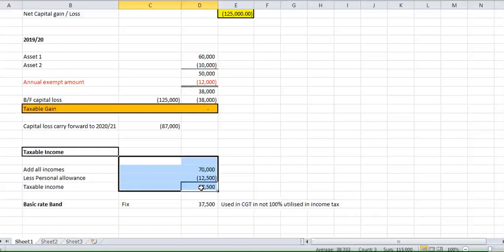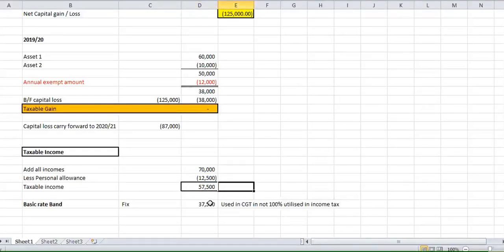So what is the basic rate band? It is 37,500. So the income has fully utilized this level. This basic rate band has been fully utilized in the income tax, so it is not available in the capital gains tax.